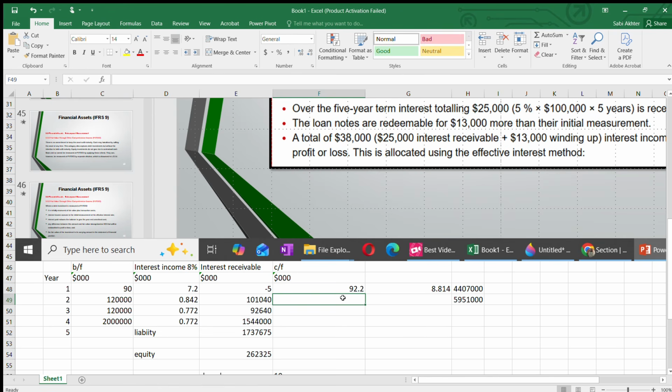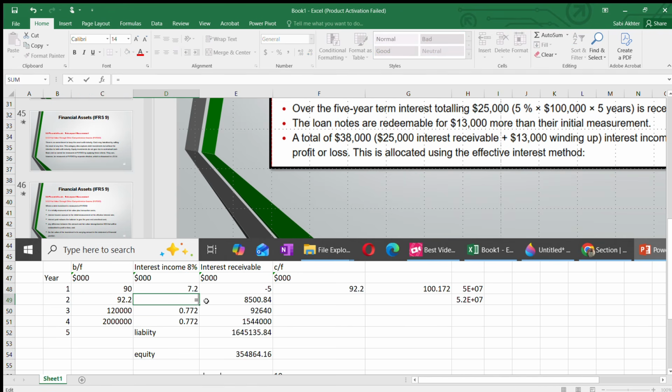Now this I will bring forward to the next year, the value, and then we'll take like this. I have to take 8% of this figure. Remember, since I have taken it to one decimal place here, also I'm going to take it to one decimal place.